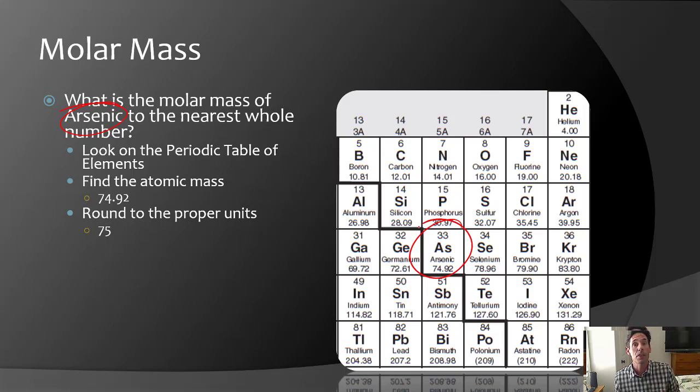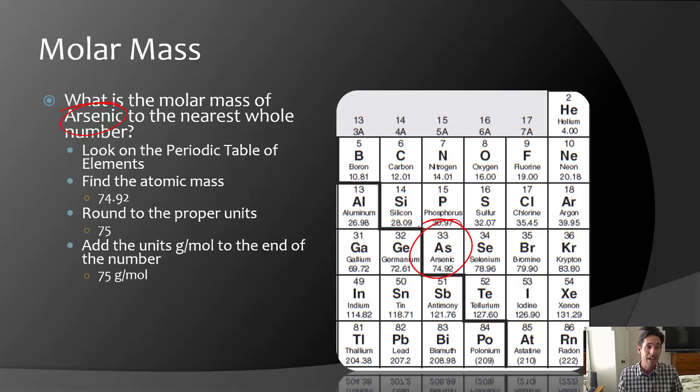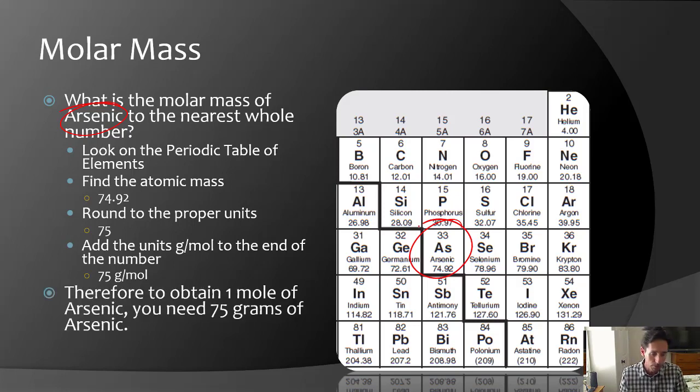And we want to add the appropriate units. So the units for this would be 75 grams per mole. 75 grams per mole, and this is 75 grams per mole of arsenic. Okay, so 75 grams of arsenic for every 1 mole of arsenic.